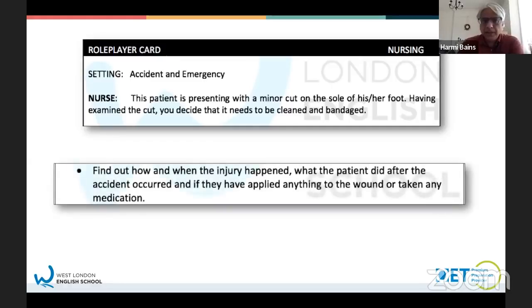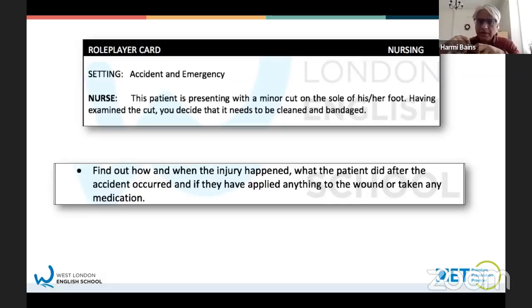Okay, now your first task says this: find out how and when the injury happened, what the patient did after the accident occurred, and if they have applied anything to the wound or taken any medication. So in the exam, it's really worth analysing your role play card.